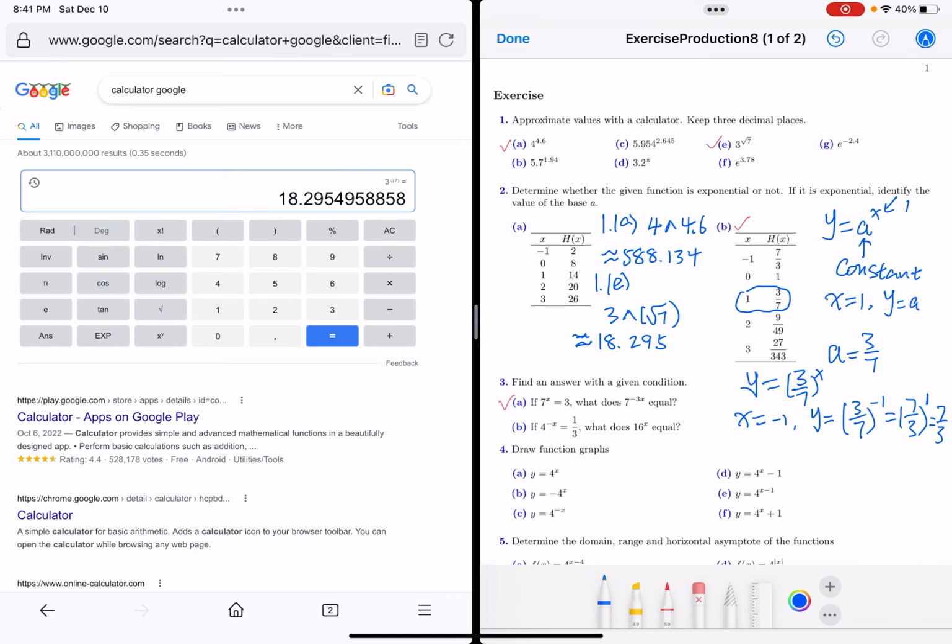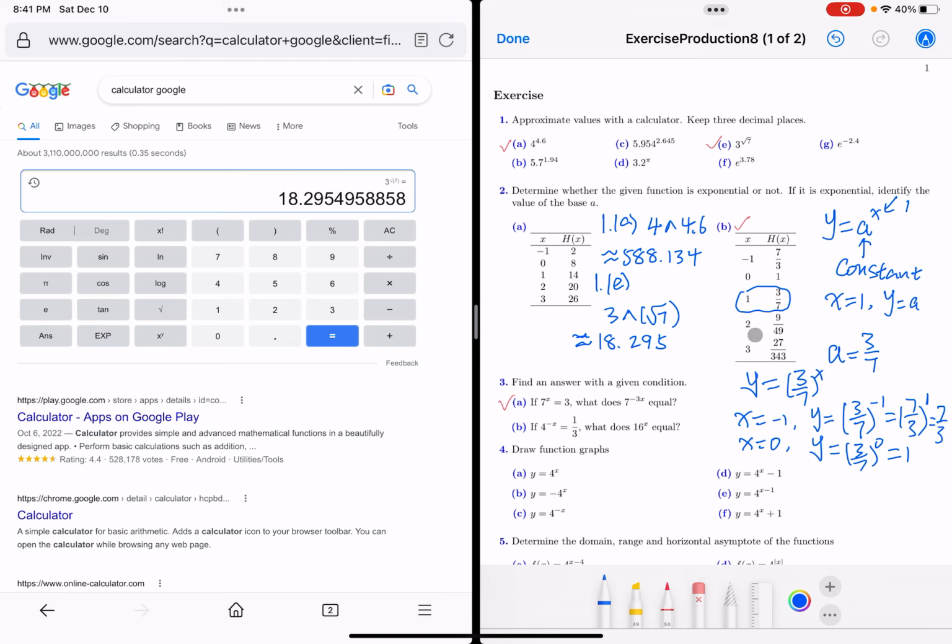Okay. Now, when x equals 0, you then have y is (3/7) to the 0. Anything to the 0 is 1. So you can see here that's correct, and this one is correct. When x equals 1, you put here, that's 3/7.